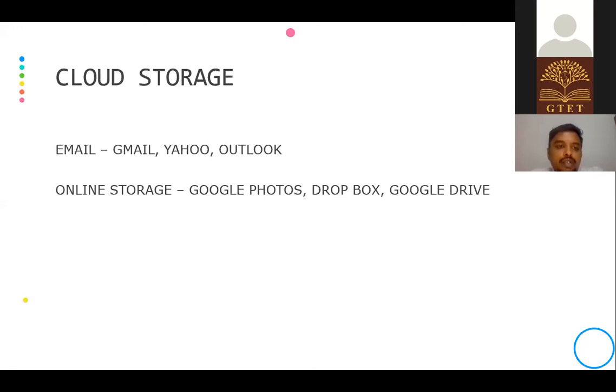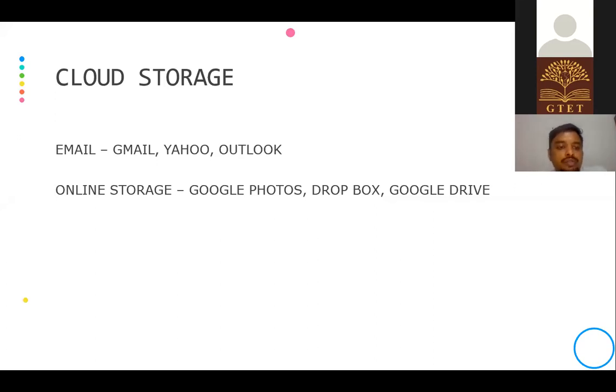If you've used any of your email services, that is Outlook, Gmail, Yahoo, AOL, Rediff, etc., or if you've used online storage, if you have an Android phone, Google Photos, if you are a person who's working with companies which share data across different organizations, then you would have come across Dropbox, and anybody who has a Gmail account has access to Google Drive.